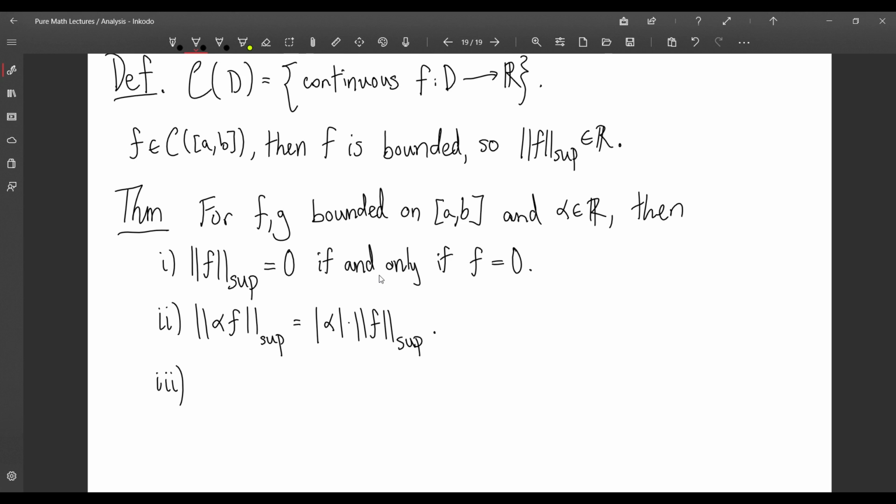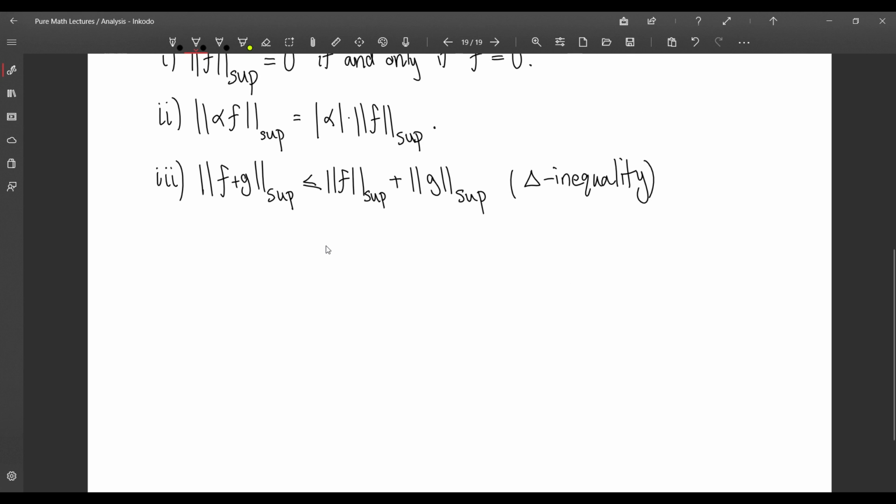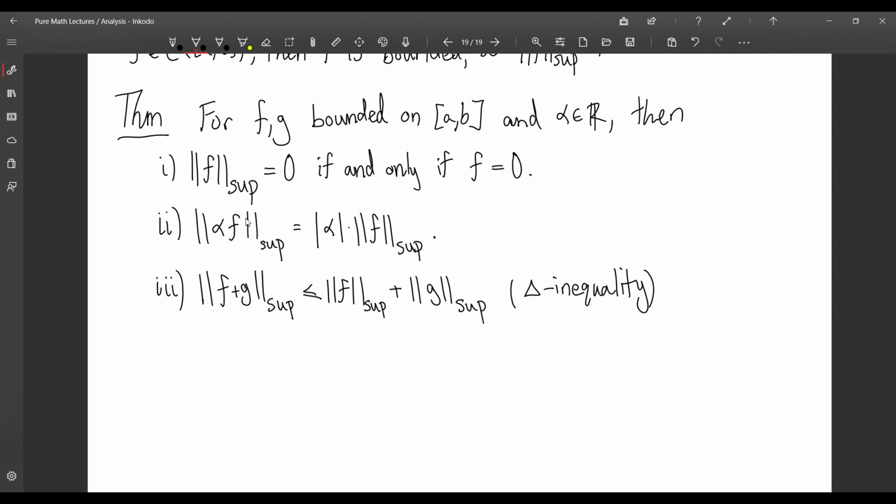The third outcome is that if we take the sup norm of f plus g, this is going to be bounded by the sum of the supremum norms of f and g. And so, in a way, this is like a triangle inequality. And really what these three things say is that this sup norm is a well-defined norm, right?